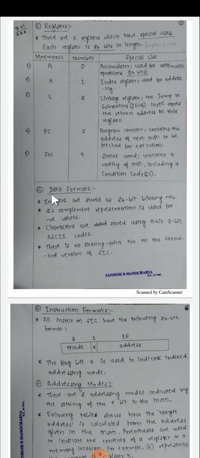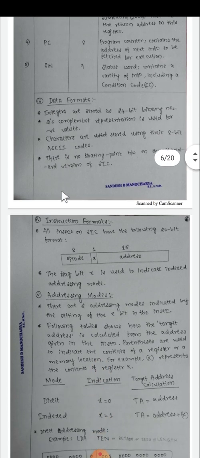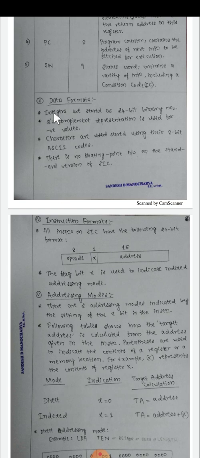Next concept is data formats. In what type of format can we store data in a SIC machine, or what type of data can we store in a SIC machine? Of course we can store integers. Integers are stored as 24-bit binary numbers. 24 bits means 3 bytes, or one word.